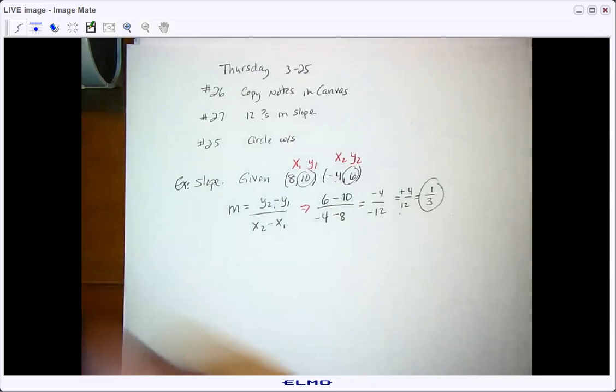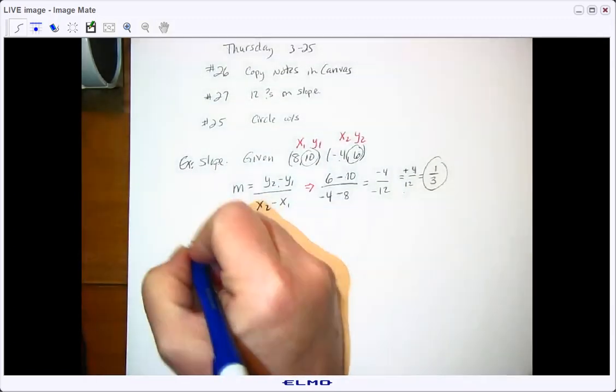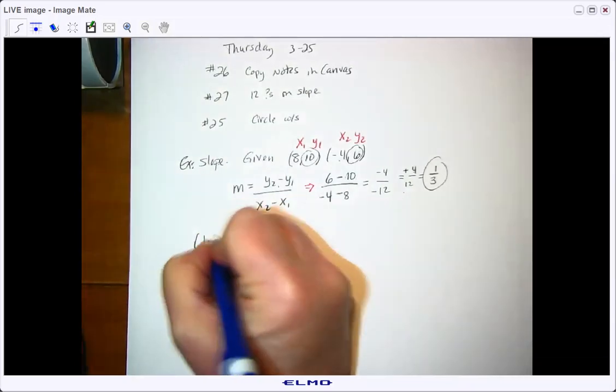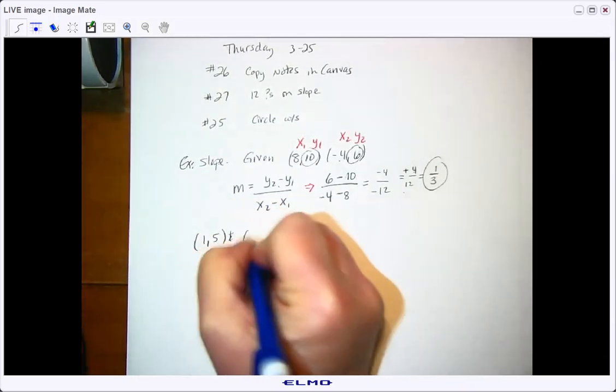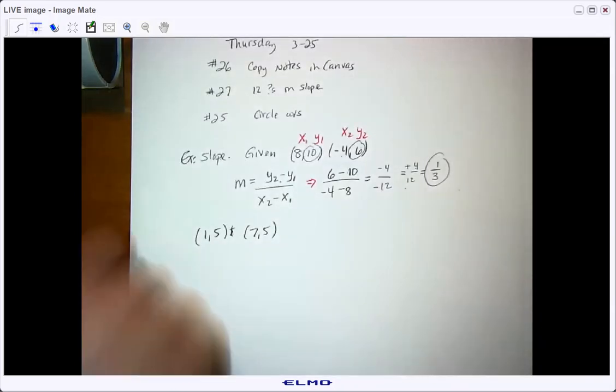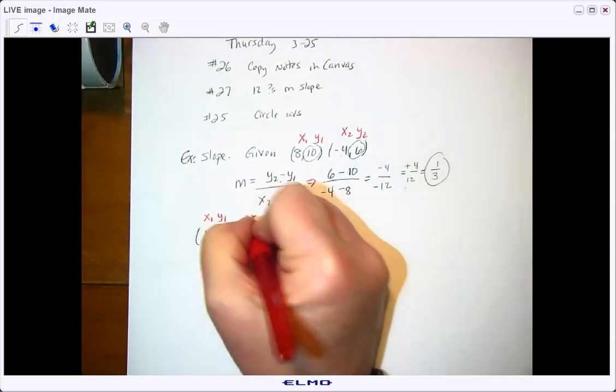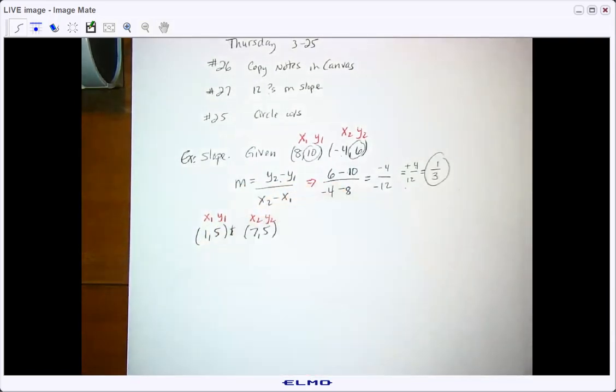The second example I do, and then we'll move on, is if I have the points 1, 5 and 7, 5. So I'm going to label these x1, y1, x2, y2.